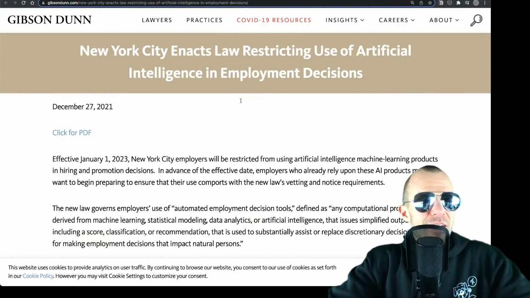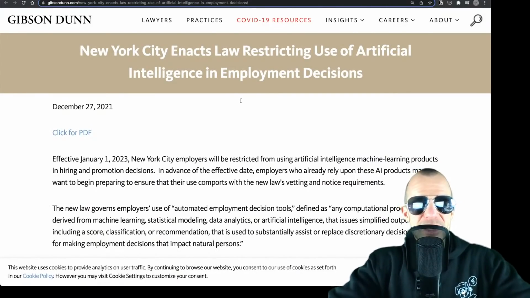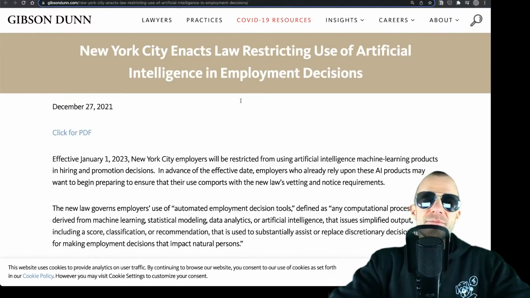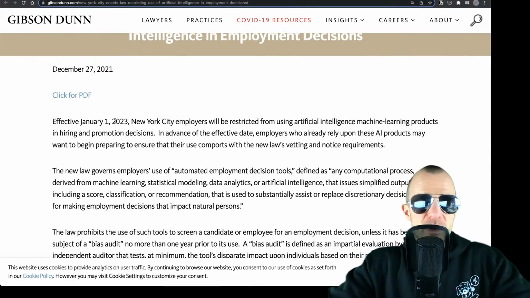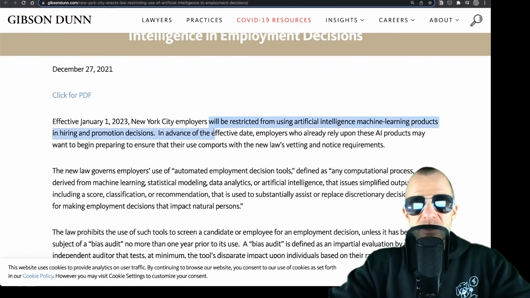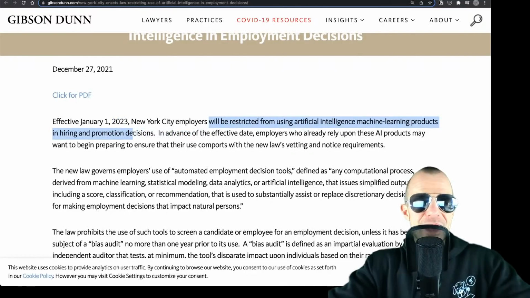Next story, Gibson Dunn writes, New York City enacts a law restricting the use of artificial intelligence in employment decisions. This is a report, and apparently from 2023 on, New York City employers will be restricted from using artificial intelligence and machine learning products in hiring and promotion decisions.